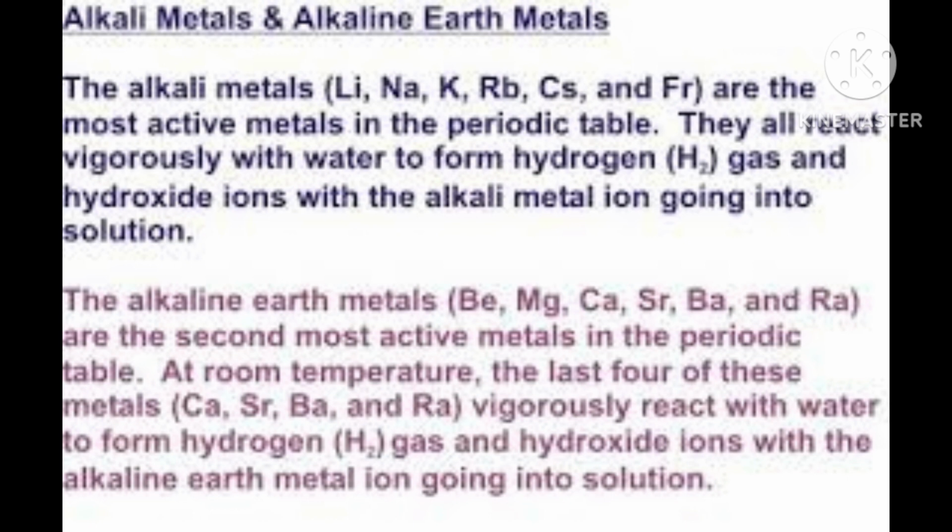Now the electronic configuration of beryllium, Be, capital B, small e: 1s square, 2s square. Its atomic number is 4. Beryllium has atomic number 4, that's why its electronic configuration is 1s square, 2s square.